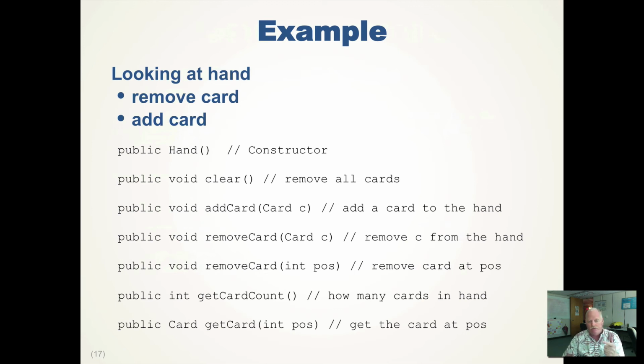But what if I want to remove a card at a position in the hand? Like I grab the third card out of your hand, so it might be helpful to have a remove card at a position method. Also, because we have some number of cards in our hand, we may want to know how many there are. And we may also want to be able to say, I want to get the card at that position.